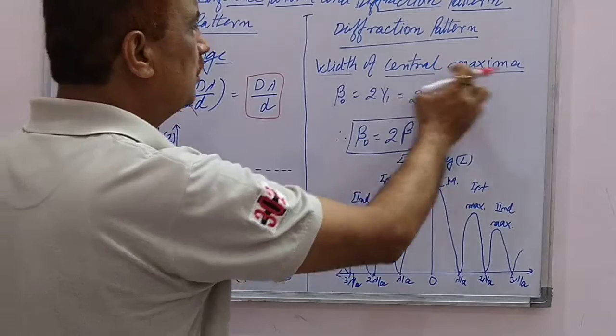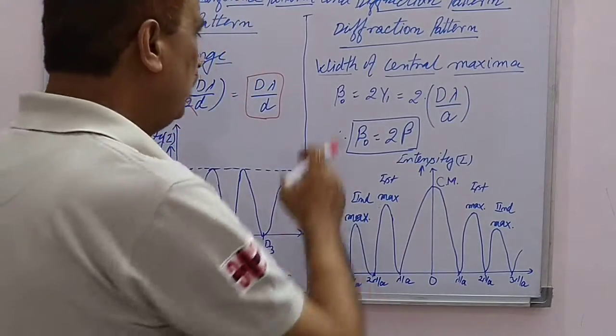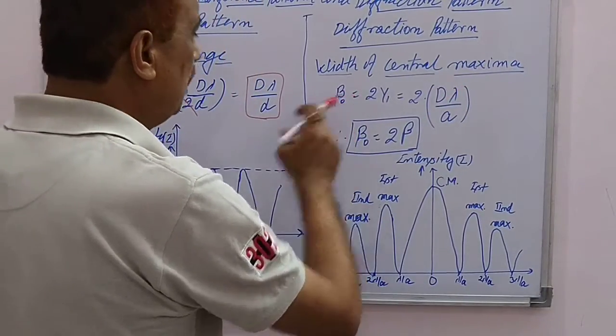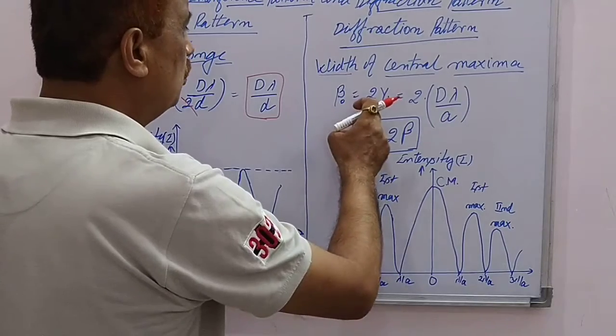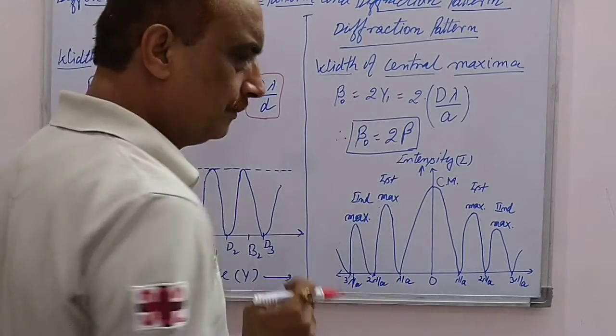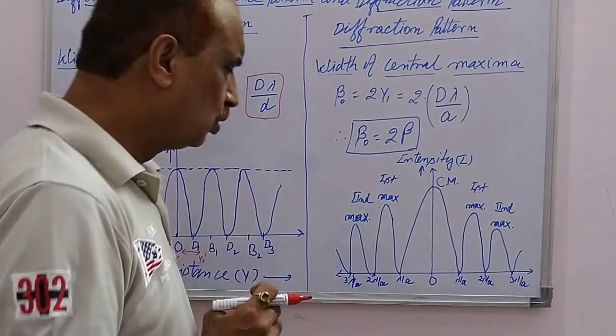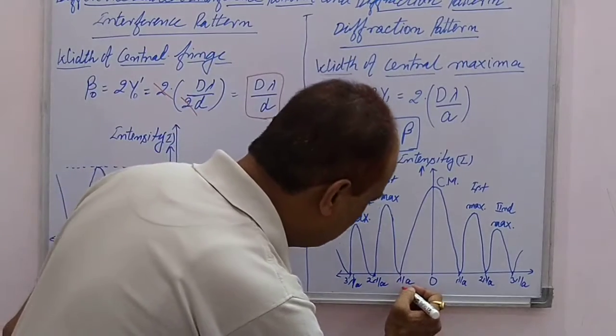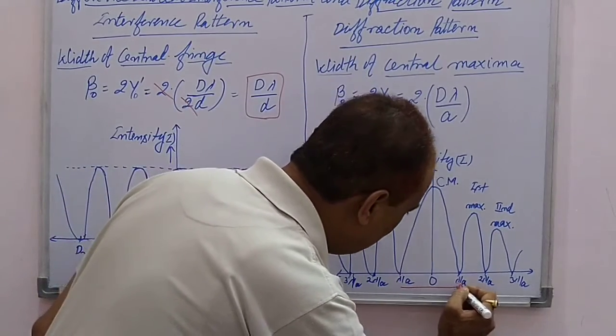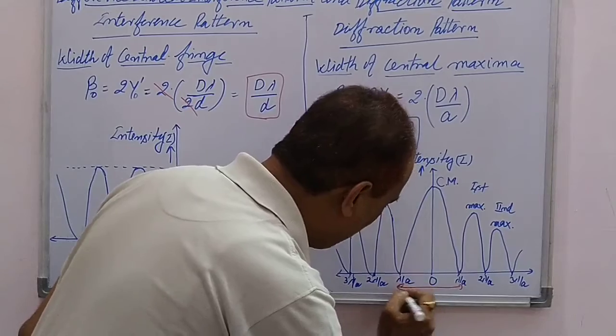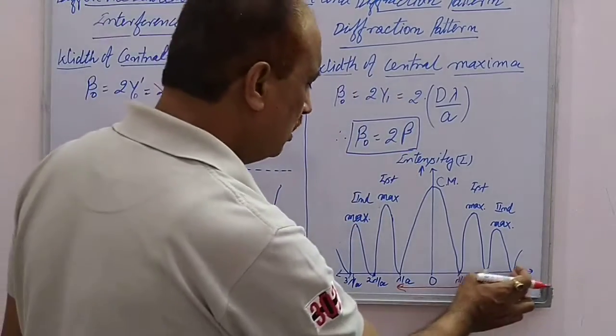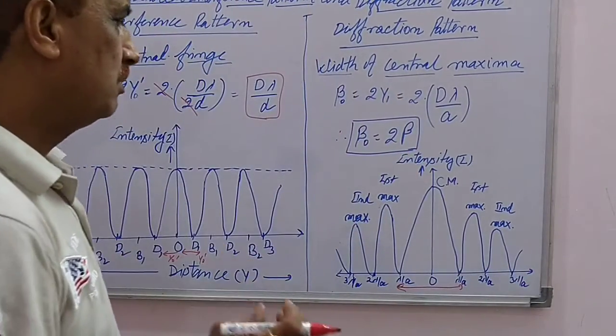So the same intensity is there in the interference pattern, but in the diffraction pattern, when we find the width of the central maxima, it is again denoted by beta naught. So beta naught is equal to 2y1, that is twice the distance from this point to this point, the width of the first maxima.